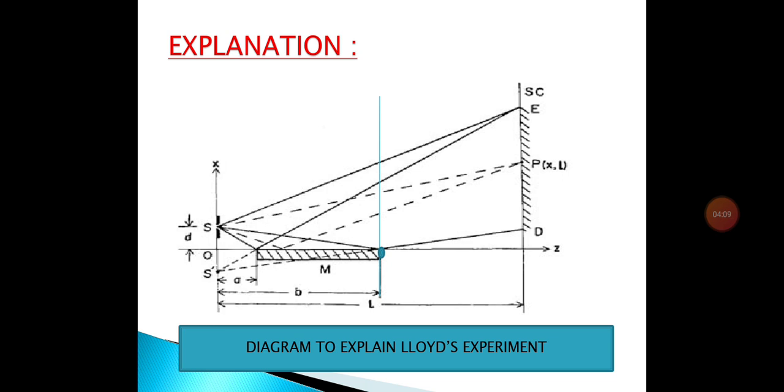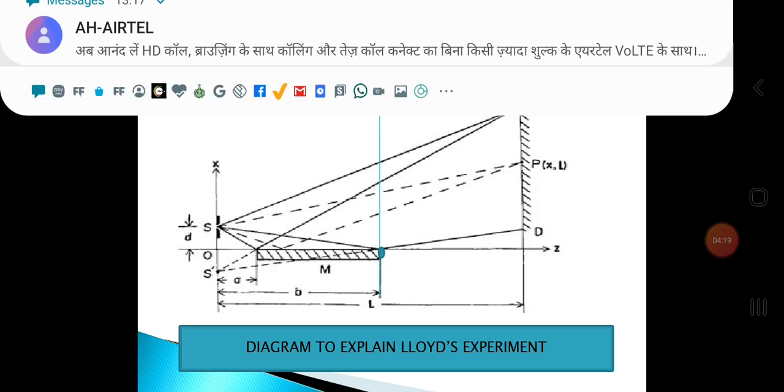So we don't have two waves to interfere to produce the central fringe, and we will not get any fringe at this central position.